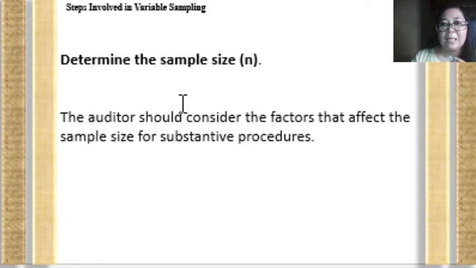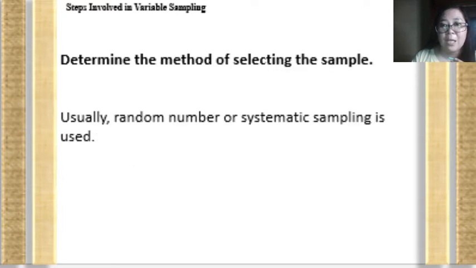The next step is to determine the sample size. After the auditor chooses the sampling technique, he will determine the sample size, considering the factors that affect the sample size, especially for substantive procedures. The next step is to determine the method of selecting the sample. Usually random number sampling is used.